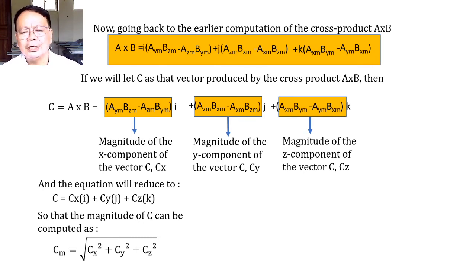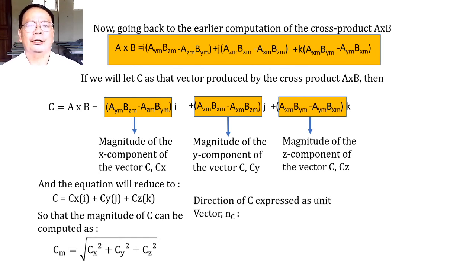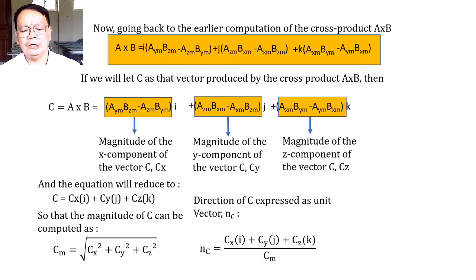After computing the magnitude C sub m, and knowing that C is now expressed in terms of vectors, we can compute the direction of the cross product expressed as a unit vector, n sub c, which is equal to C sub x i plus C sub y j plus C sub z k, divided by C sub m.